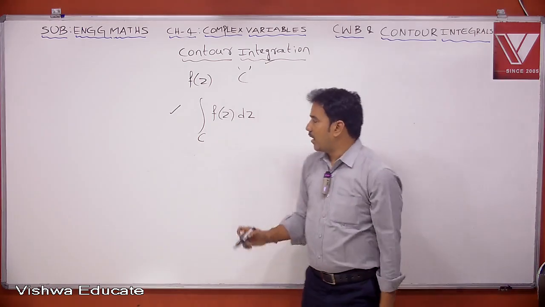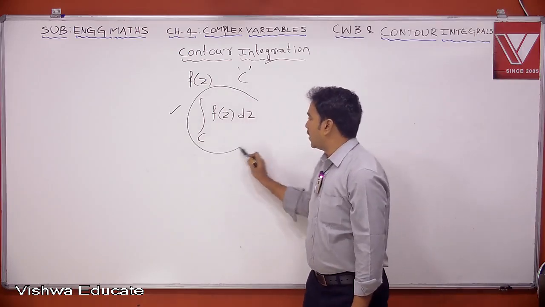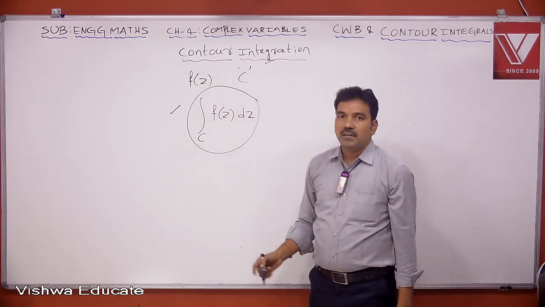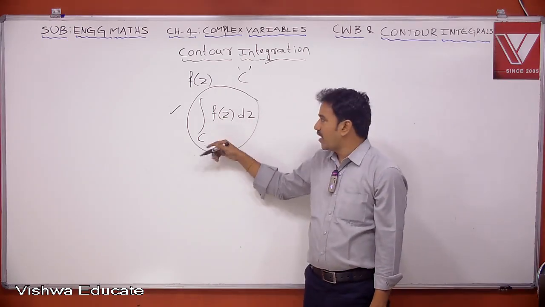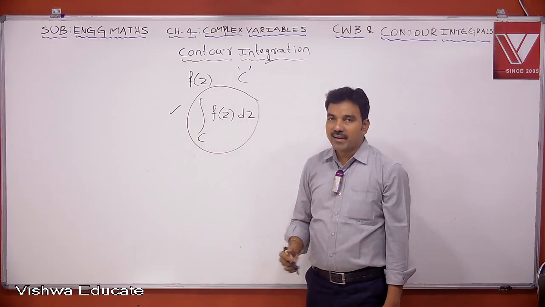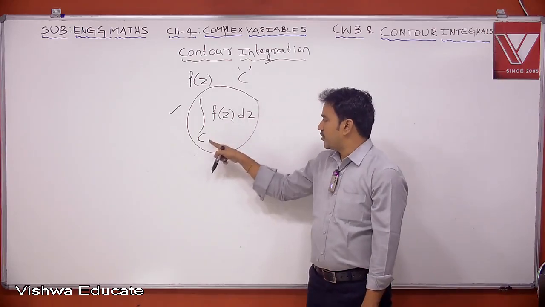It is denoted by integral f of z dz over C. Just write C below the integral, and that will be read as integral f of z dz over C.